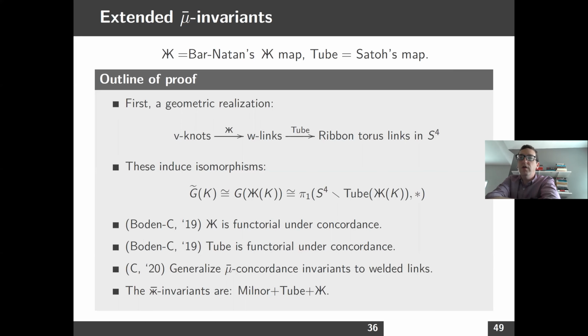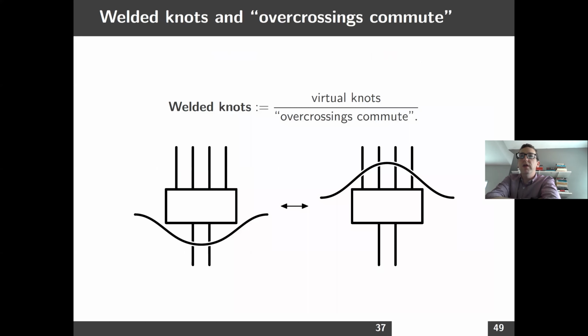All of those things are either functorial or invariant under concordance, and so you get new concordance invariants of virtual knots. Okay, so let's remind ourselves what we mean by welded knots. Welded knots are virtual knots up to the same relations as before, so the extended Reidemeister moves, together with the operation that overcrossings commute. Concordance of welded knots is defined the same way. All we're doing is just adding this new relation, overcrossings commute.